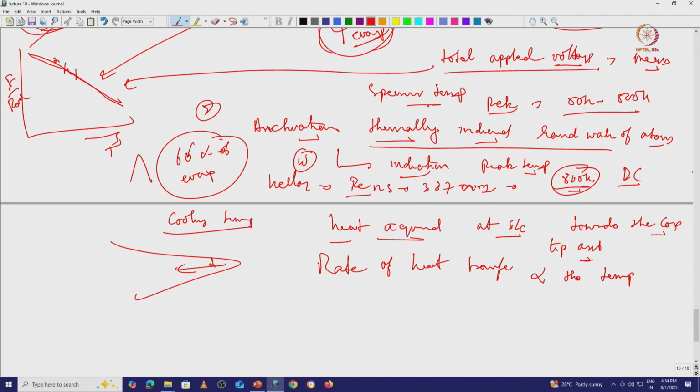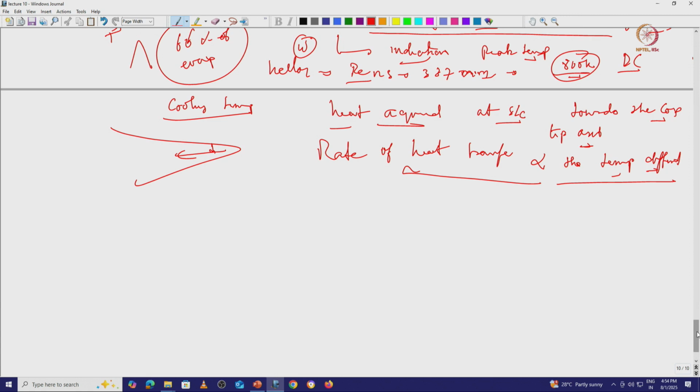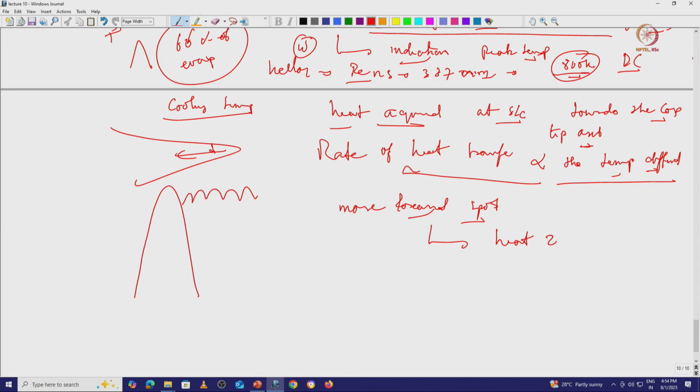What is temperature differential? It is the difference in temperature between the two locations. So the larger the temperature differential, the higher the rate of heat transfer. It means that if you are putting a laser which is a more focused spot on the tip surface, the heat zone is reduced in size.